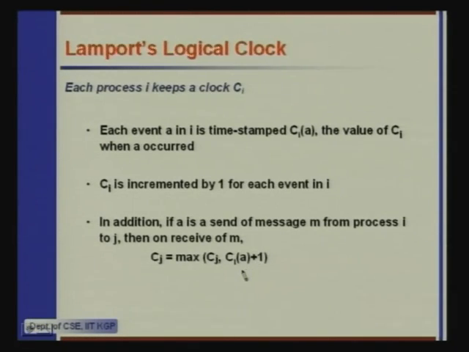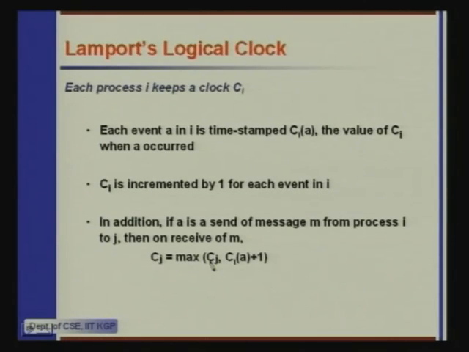So, if it finds that the message is time stamped with a clock value such that that plus 1 is greater than its own clock, then it will update its clock, right. This is how the clocks are synchronized between the different processes, all right.